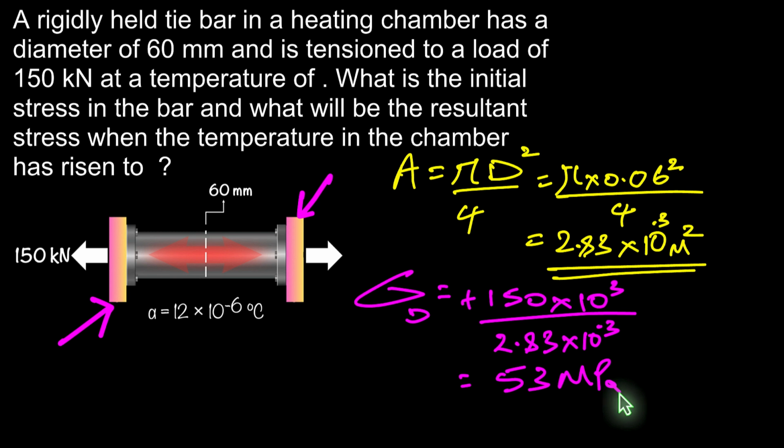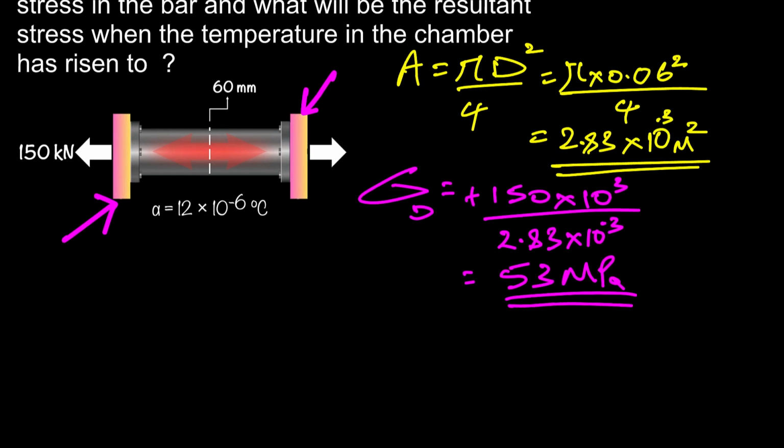Now that we have the direct stress, what we're going to do is to find the compressive stress that is now induced thermally. So let's go ahead and find that thermal stress. So for thermal stress, we can use this equation, that's the Young's modulus or modulus of elasticity multiplied by our coefficient of thermal expansion and multiplied by our change in temperature.